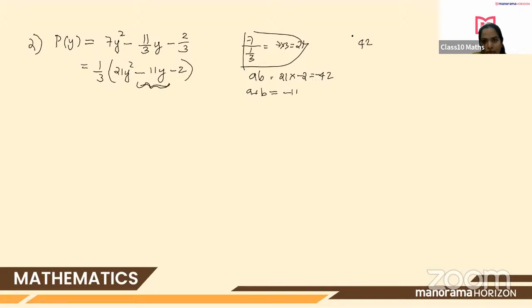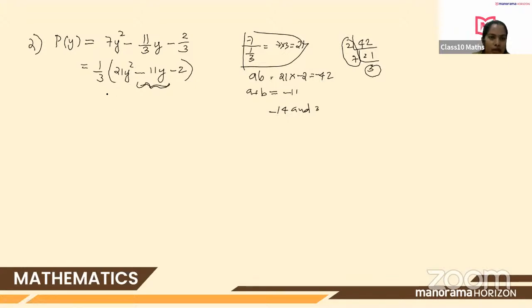Just factorize 42 into 21, 7, 3. So we can take 7 into 2, 14. Just check 14 and 3. We have a negative symbol here, so try minus 14 and 3. Okay. Minus 14 into 3 is equal to minus 42 and minus 14 plus 3 is minus 11.